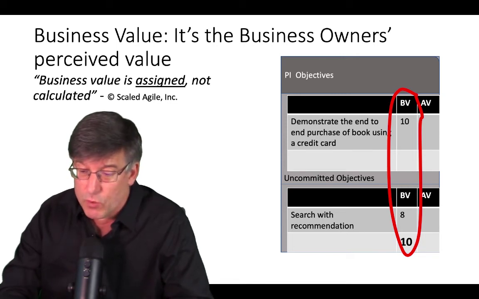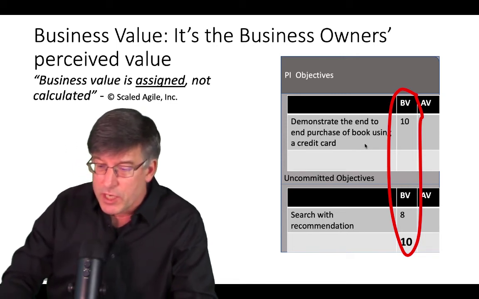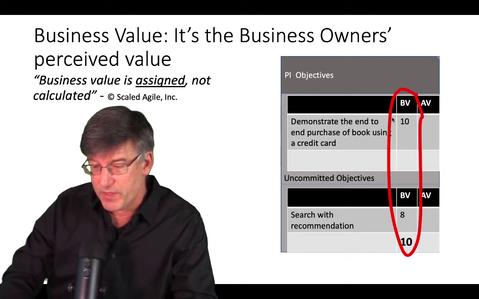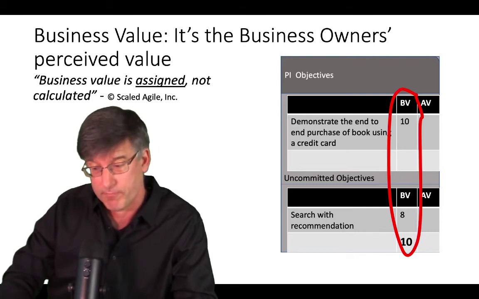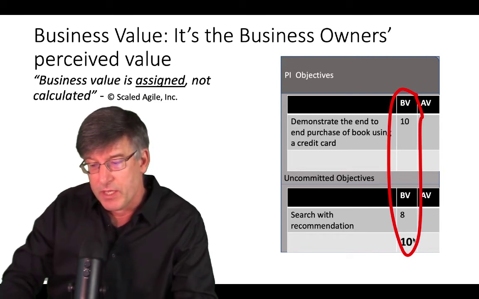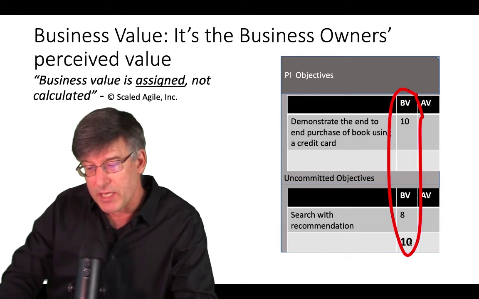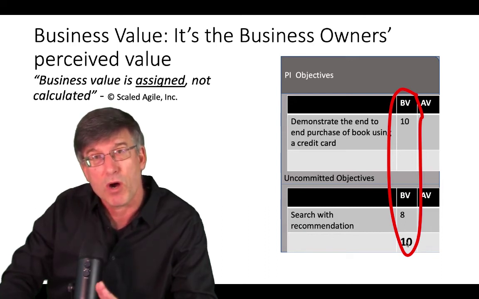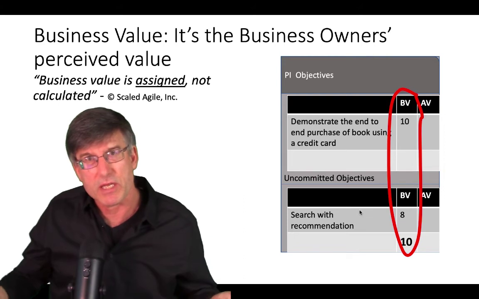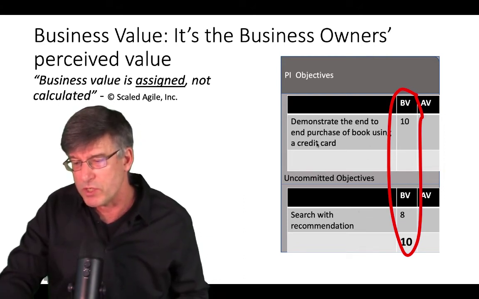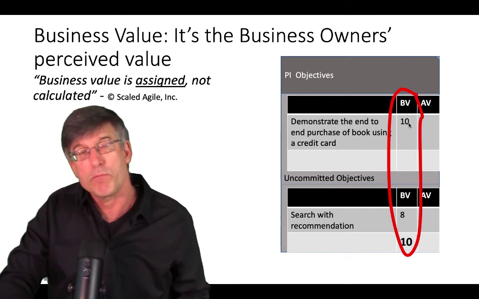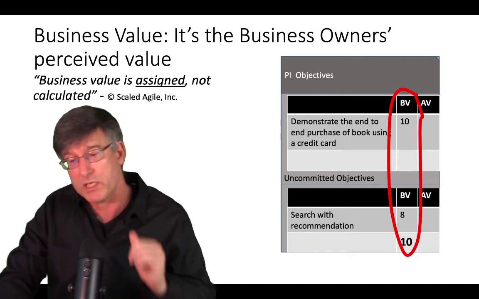Now, you'll notice here that both committed and uncommitted objectives do get a business value, but only the committed value is part of the commitment. Obviously that makes sense. So here we have: demonstrate the end-to-end purchase of a book using a credit card. The business owner gave that a perceived business value on a scale of 1 to 10, a 10.